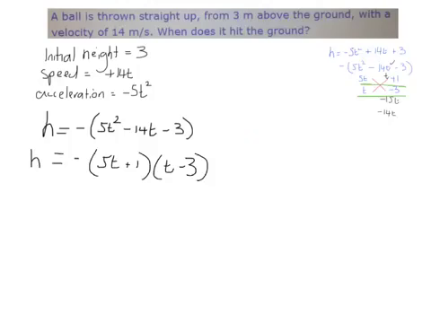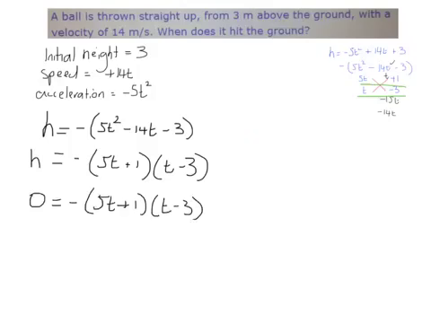Okay, if we go back to the question, the problem that we were asked was, when does the ball hit the ground? Well, when the ball hits the ground, the height of the ball will be 0. So I can now write 0 equals (5t plus 1) times (t minus 3).